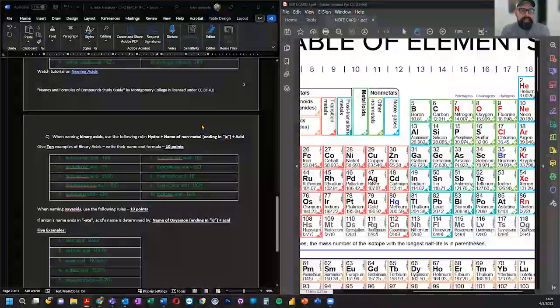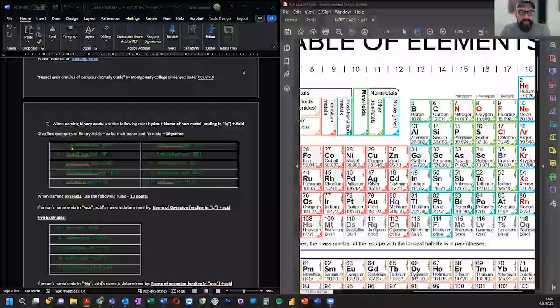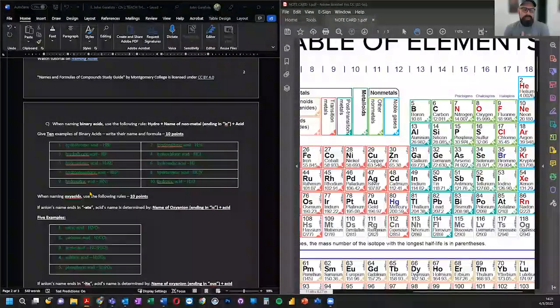And then getting into the acids, it was helpful to have the naming convention: hydro plus the name of the non-metal, and then inserting -ic at the end of it, plus acid. That really helped come up with the answers for this particular question. So all of these will begin with hydro, insert the core of an element, and then -ic plus acid.